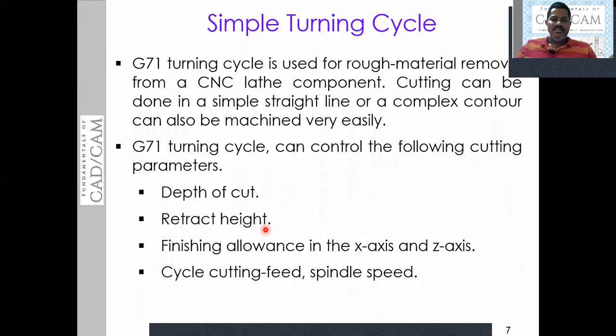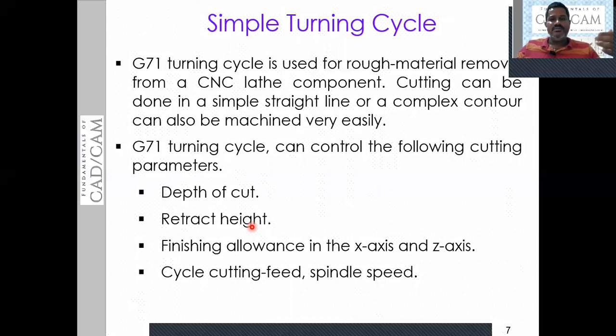The tool needs to maintain certain clearance between the workpiece and the tip of the tool. That distance or height is called the retract height. It is the distance between the work plane and the tip of the tool after completing one pass, before performing the next cut.